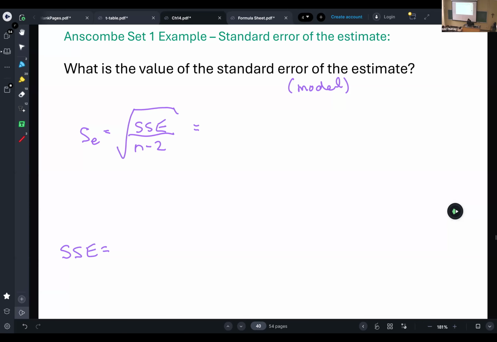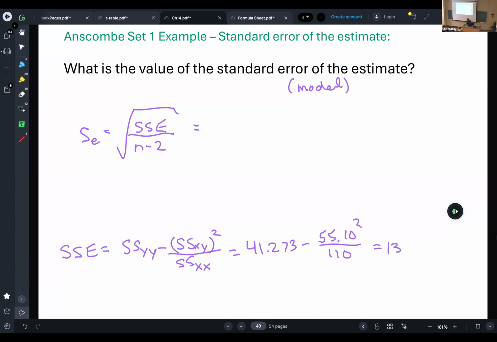Let's try this way, squared, divided by SSxx. If you do it in different ways, you may see a little rounding error, which is fine. The formulas are good, it's just the numbers might be off a little bit.